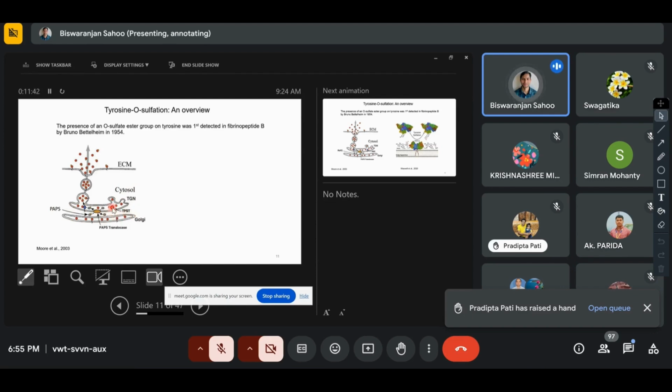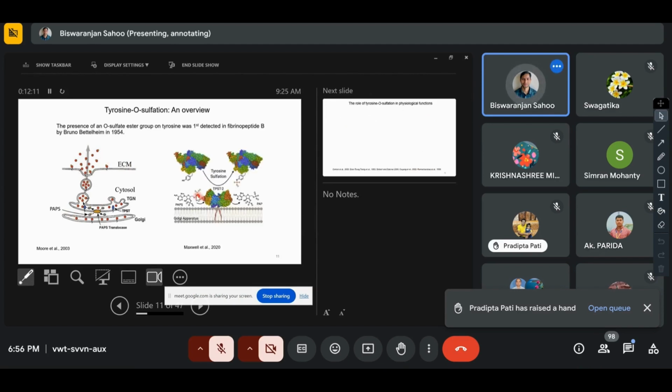The blue dots are present on the membrane of the trans-Golgi network. They take the sulfate group from PAPS and donate it to the receptor proteins. You can see the small brown part, which is the sulfate group added. After the addition, the tyrosine sulfated proteins are either transmembrane or secreted to the extracellular matrix.